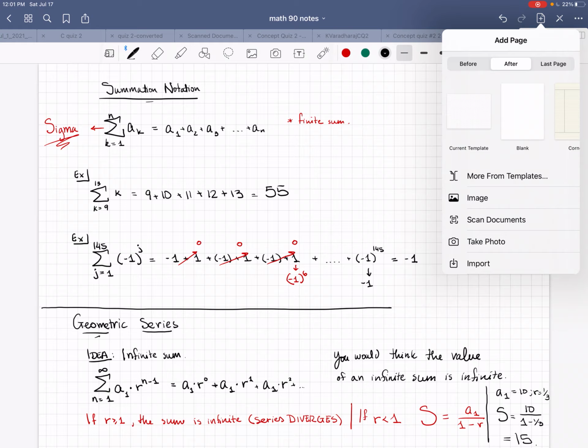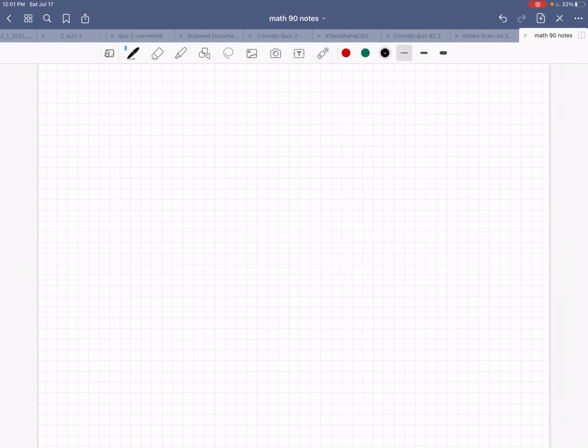To finish this lesson, I want to continue on with this notion of an infinite series, but I want to talk about the following thing. The notion of a partial sum.